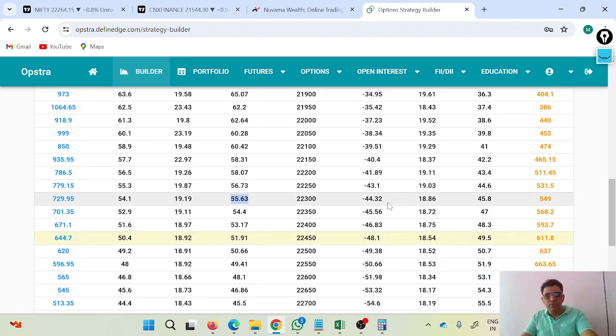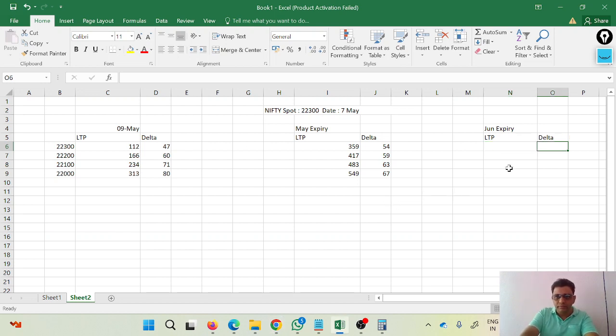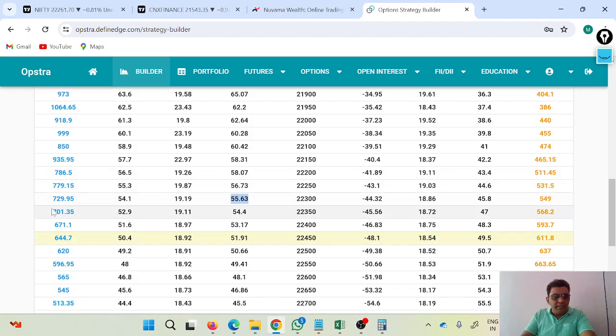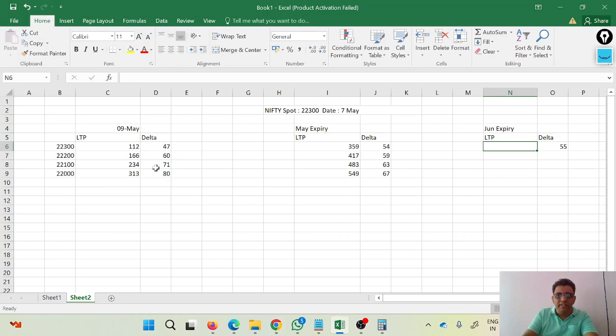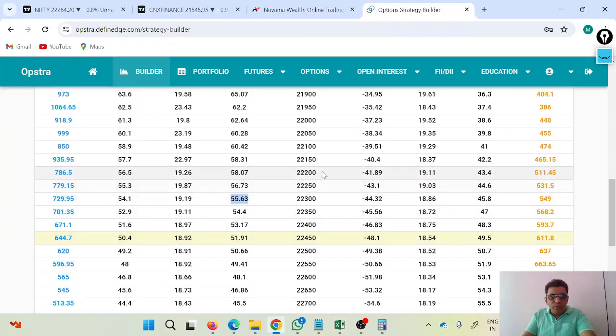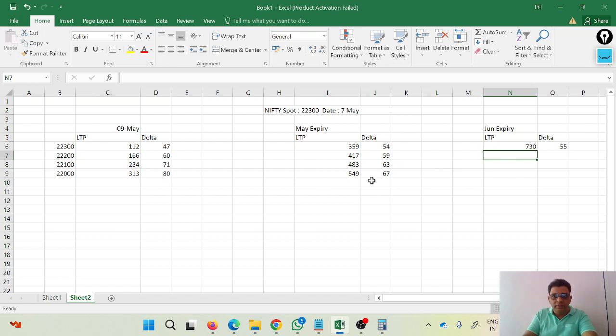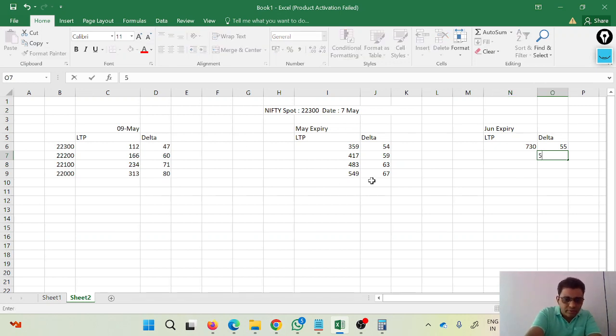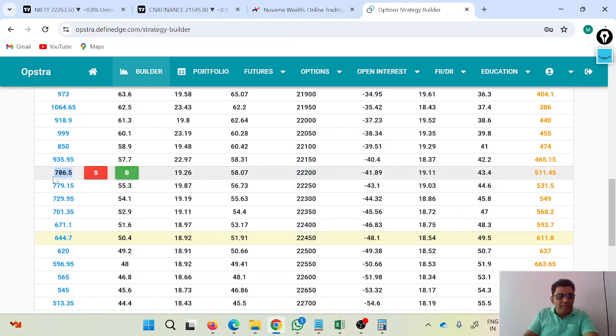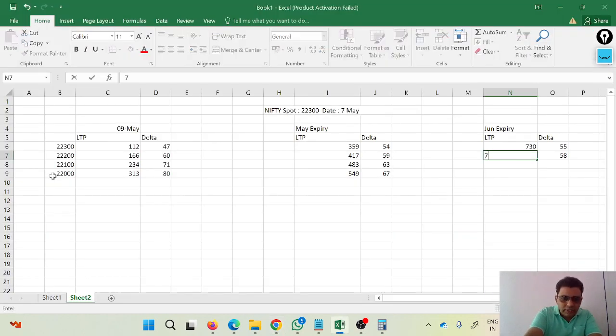22,300, delta is close to 55, LTP is 729 or 730, you can say. Then 22,200, delta is 58, LTP is 786.